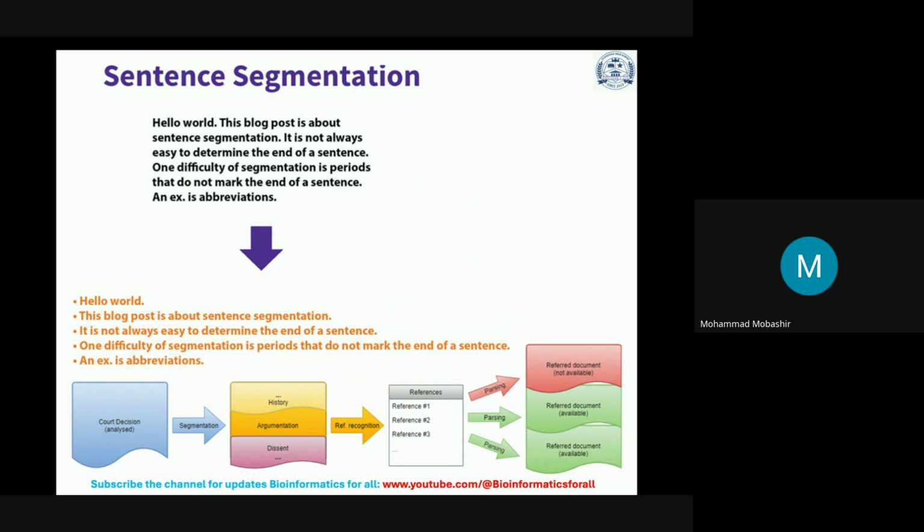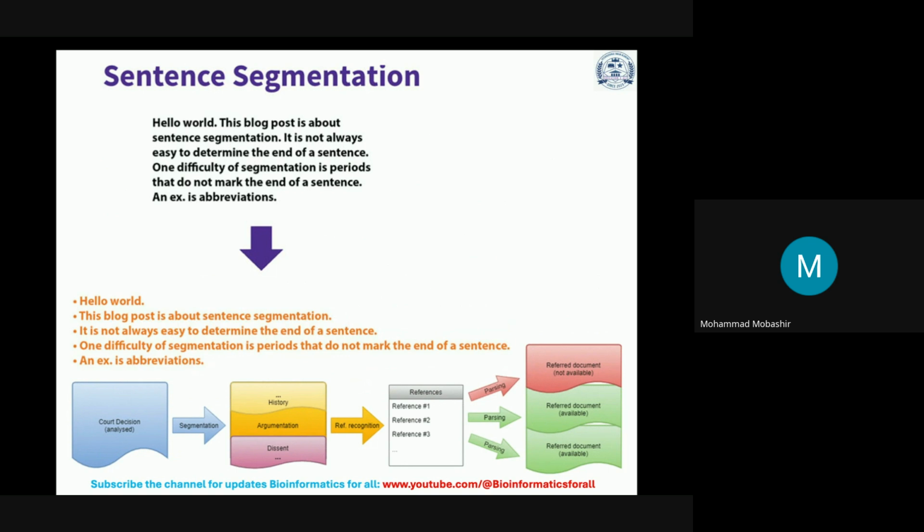Here you can see a small paragraph. If you are going to enter into segmentation, first you need to break it into paragraphs, and the paragraphs are broken down into sentences. First sentence: hello world. Second: this blog post is about sentence segmentation.